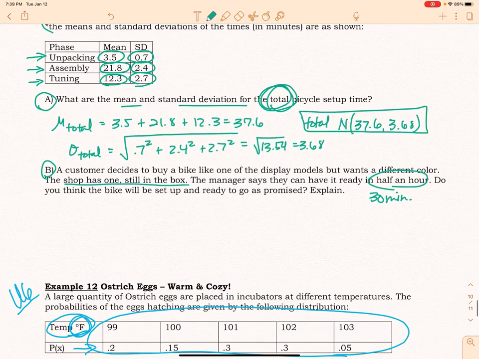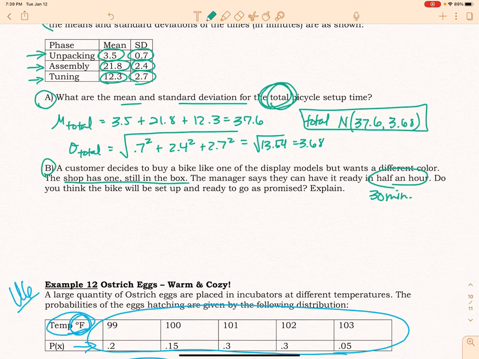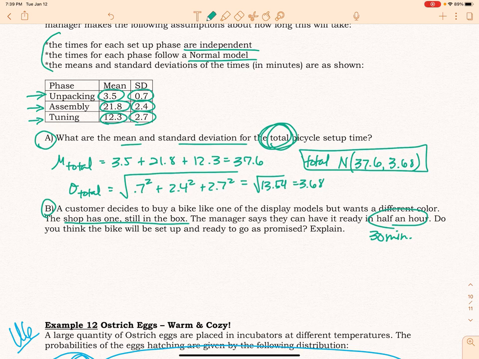There's a couple of different approaches you can take for this problem. You can base it on the standard deviations, like how many standard deviations from the mean 30 minutes would be. Or you could think of it in terms of finding the probability that it would get done in as little as 30 minutes. On average, this whole process is taking about 37.6 minutes, give or take 3.68.